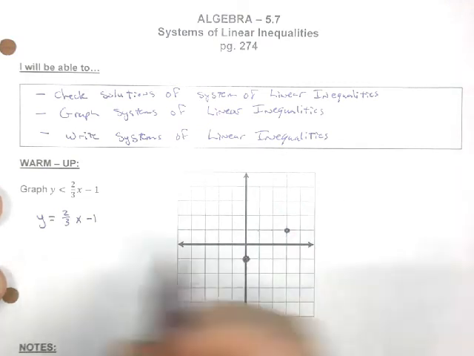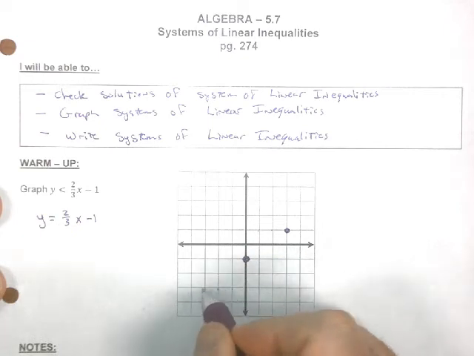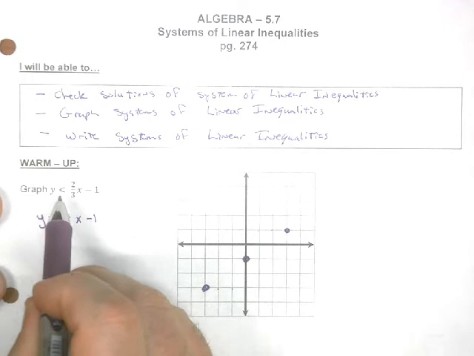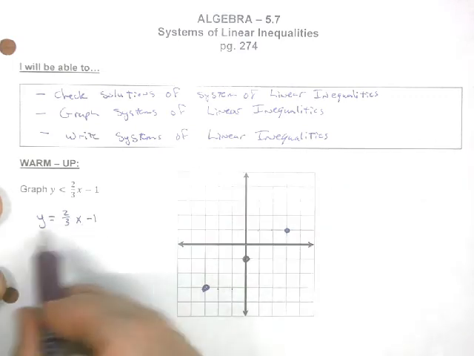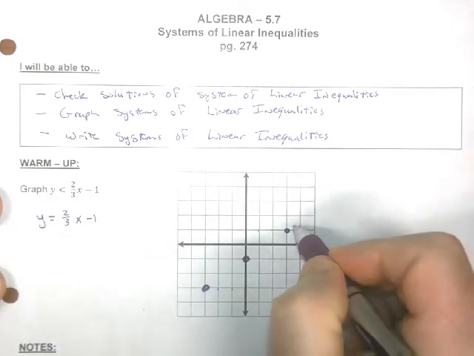And then the opposite direction, we go minus and minus. So 1, 2, 3. This is not an equal to, so it will be a dashed line. Again, the equal to is the solid line. So that's the one difference here between these two equations, is the dashed line.